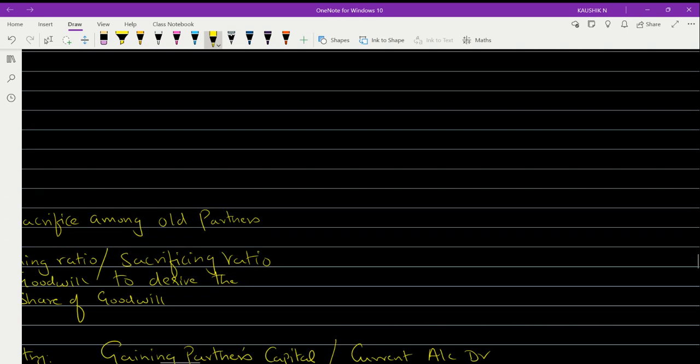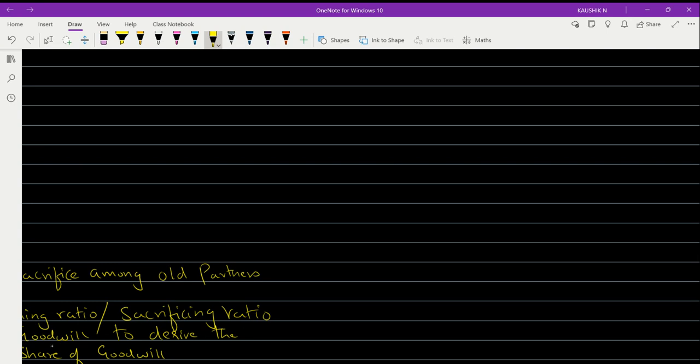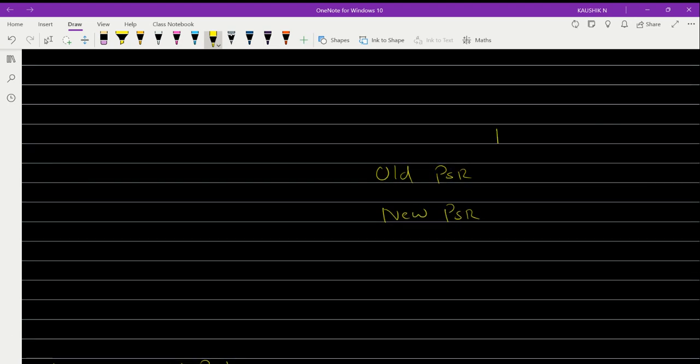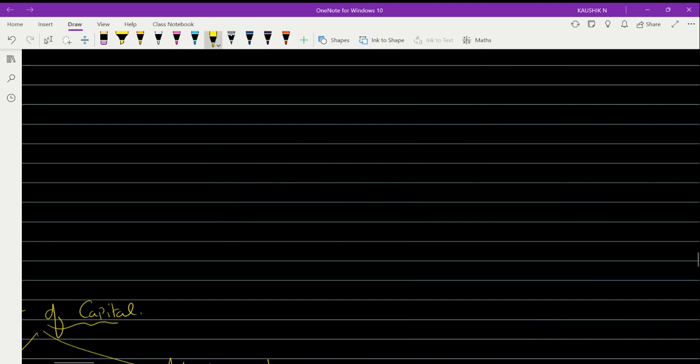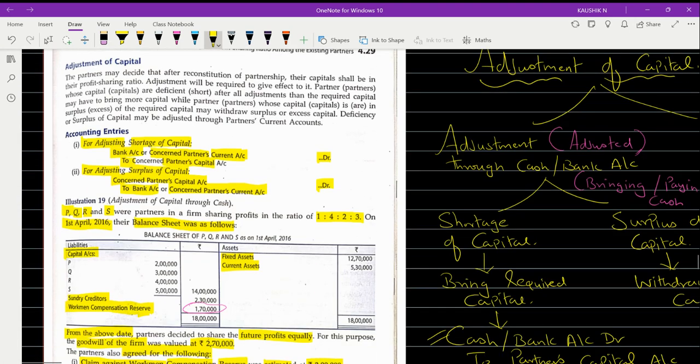So first let us take the old PSR and also mention the new PSR. The partners are P, Q, R, and S. Let's see the values given for the partners. Old ratio is 1423.